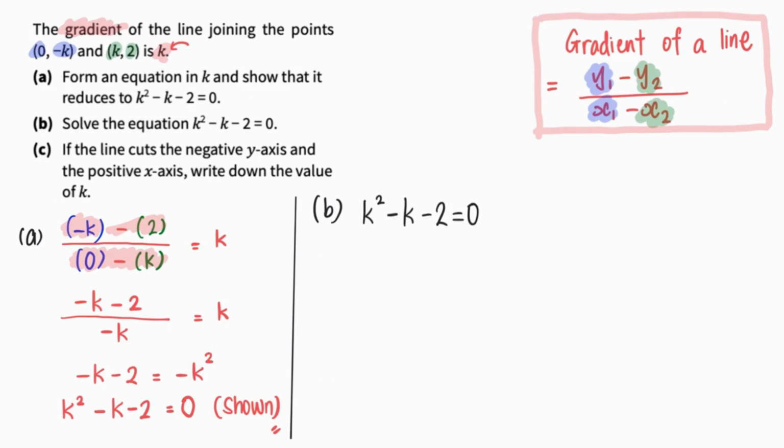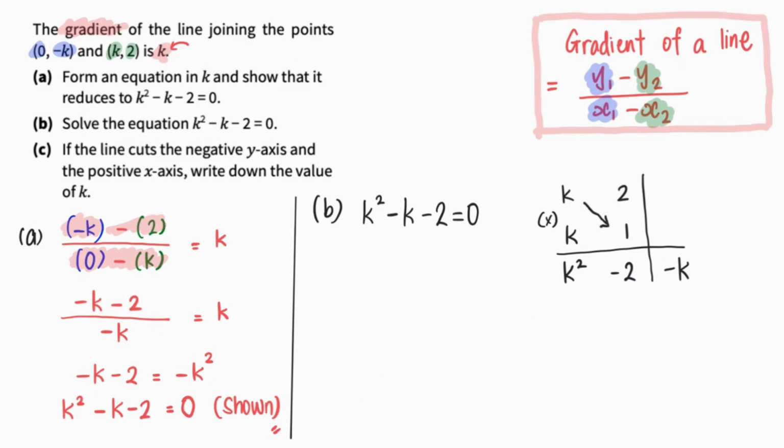So I'm going to make use of my cross chart to solve for this. So I'm going to place my k squared and my negative 2 here, and my negative k here, so that k times k will be equals to k squared. 2 times 1 is negative 2.